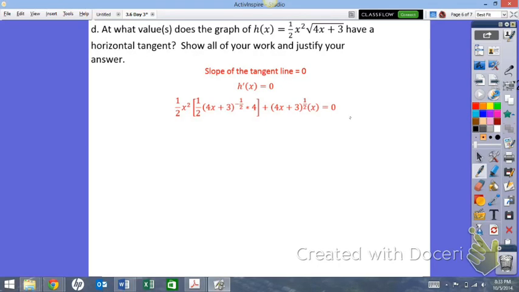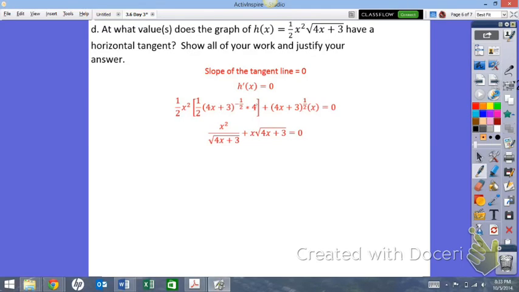Now, solving this equation for where this equals 0, in order to do that, I need to simplify this a lot better. So the way that I need to do that is I'm going to work on this first set of products first. I took all the coefficients, 1/2 times 1/2, which is 1/4, times 4 would give me 1.